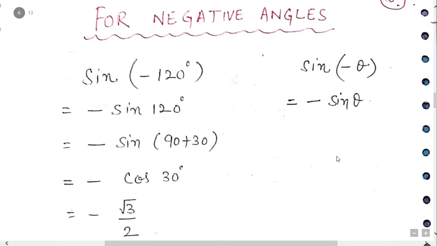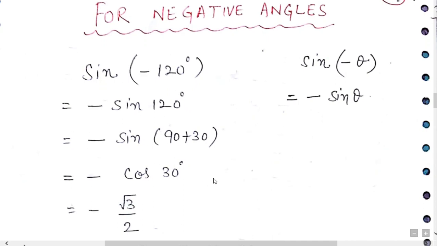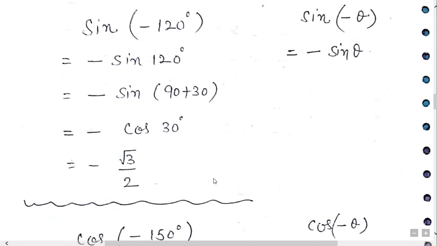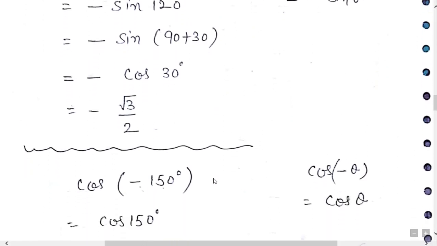Now for negative angles, suppose I write sine of minus 120. First of all, consider this angle, whatever the angle may be, in fourth quadrant. Sine of minus theta can be written as minus sine theta. It's minus sine 120, then calculate with a similar procedure done earlier. 90 plus 30, then it can be written as cos 30, then the value is minus square root 3 over 2.